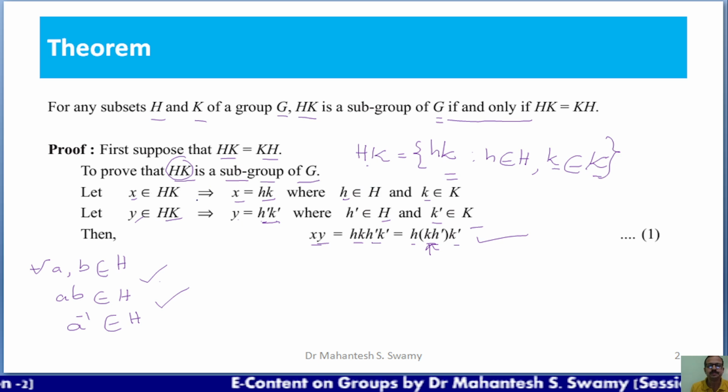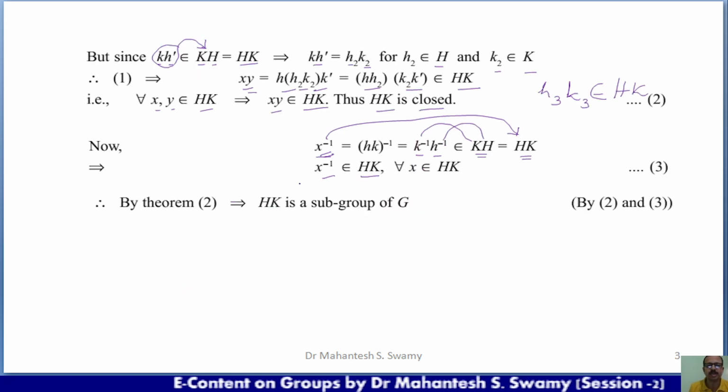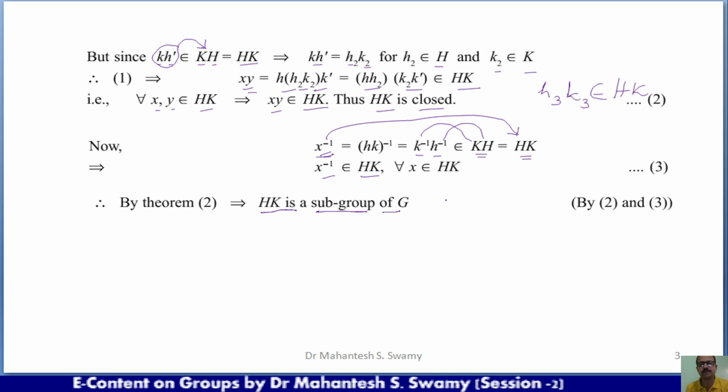Now let us go for the conclusion. Because XY belongs to HK and X inverse belongs to HK, we can say that HK is a subgroup according to theorem number 2. So this completes the first part, that is the direct part of the proof.